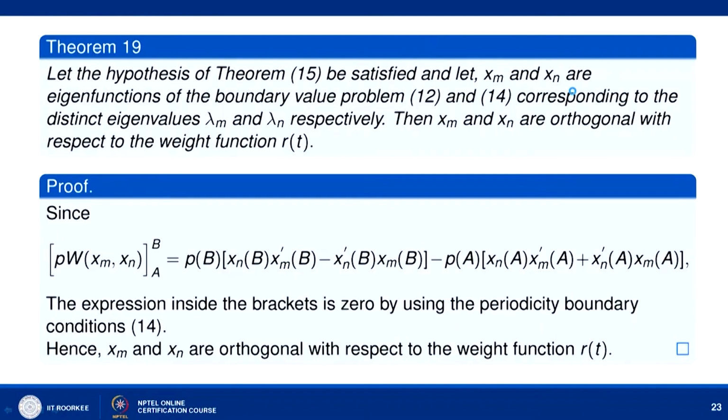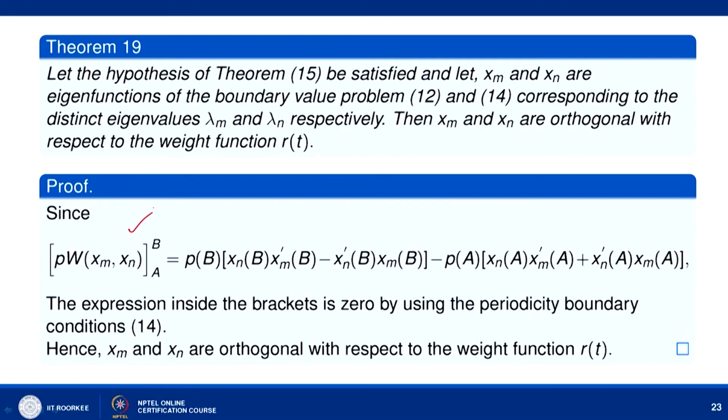Now we look at the other case, and consider that the hypothesis of theorem 15 is satisfied, and let x_m and x_n be eigenfunctions of the boundary value problem 12 and 14, that is periodic boundary conditions are true, corresponding to distinct eigenvalues lambda_m and lambda_n. Then x_m and x_n are orthogonal with respect to the weight function r(t). In fact, the only thing we have to show is that this quantity is going to be 0 here.